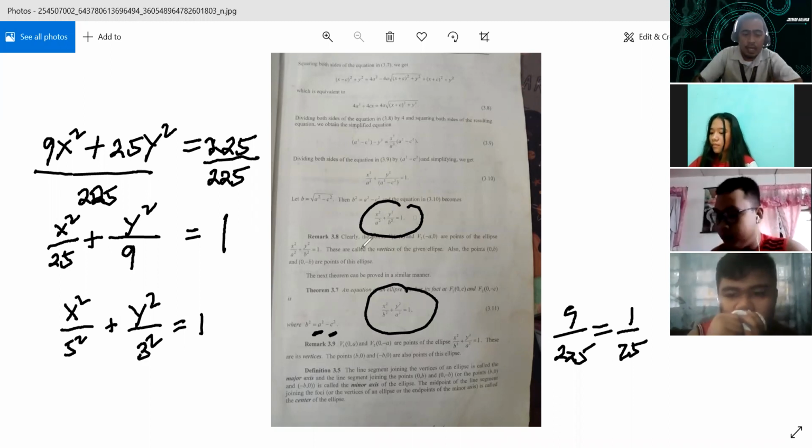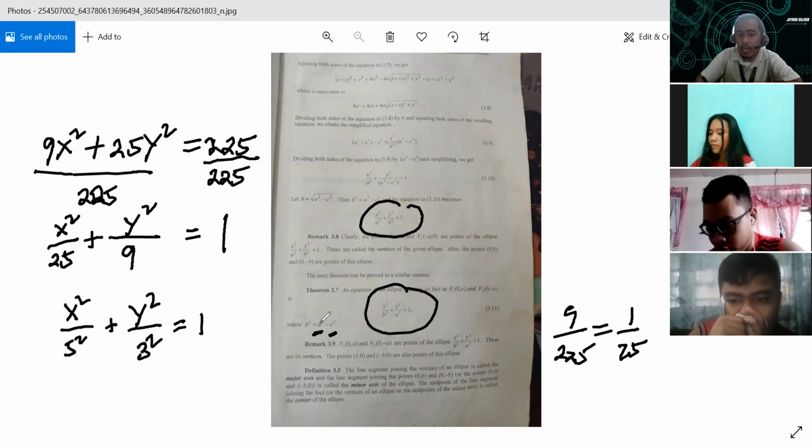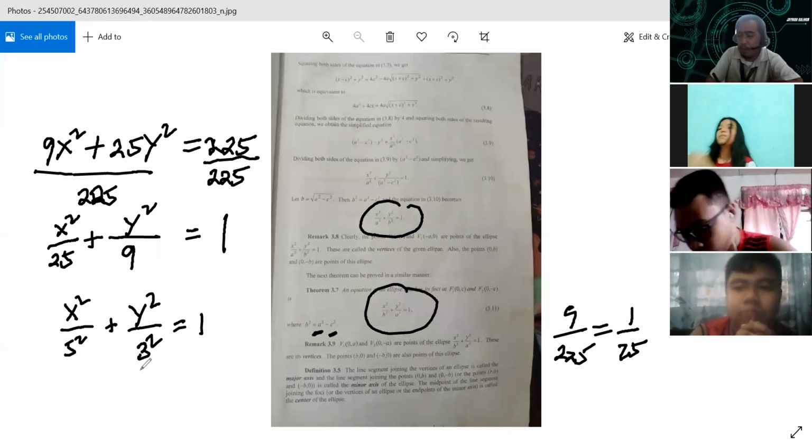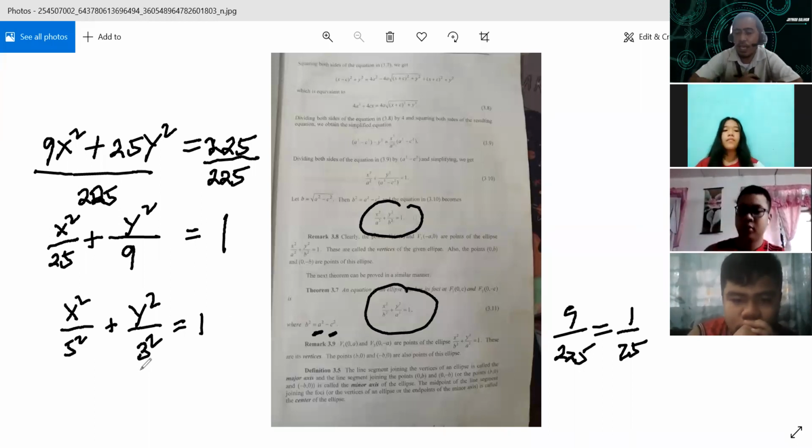And the relationship between the b and the a must be this one. And how to know whether that is your a and that is your b here? What do you think, class? How to know that this is your a and this is your b?